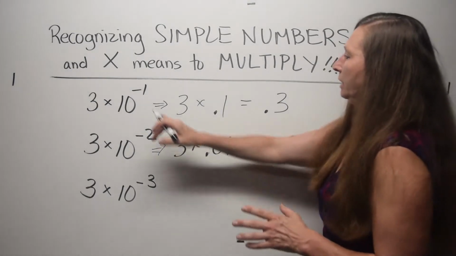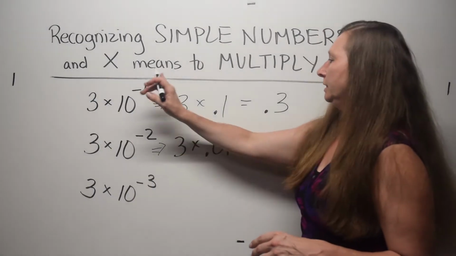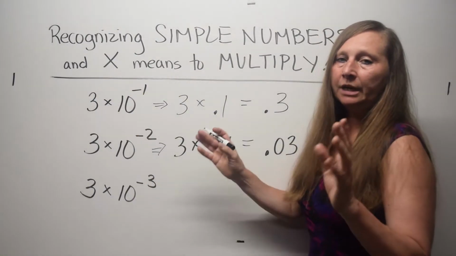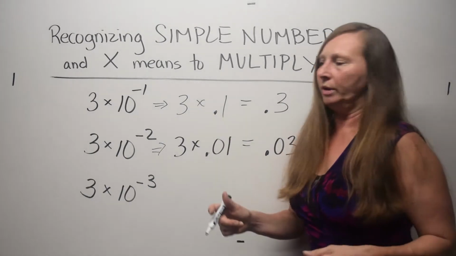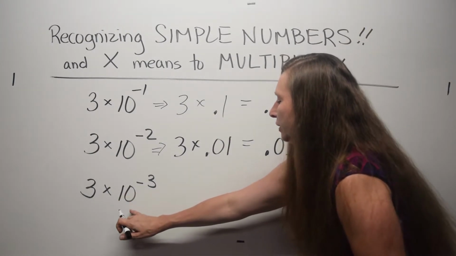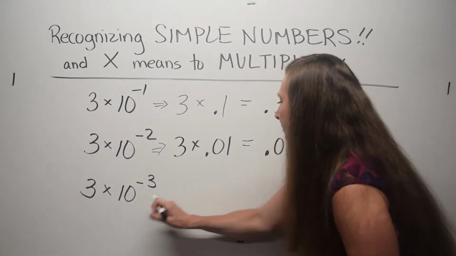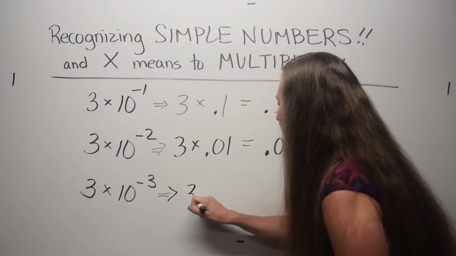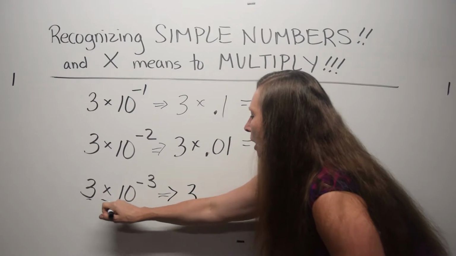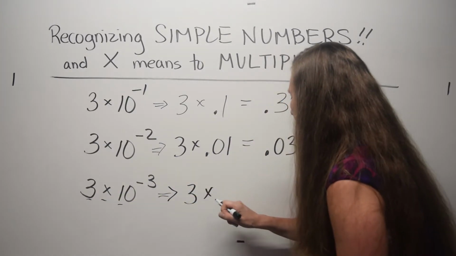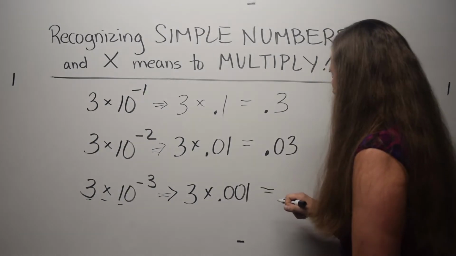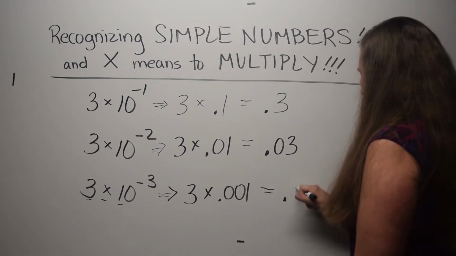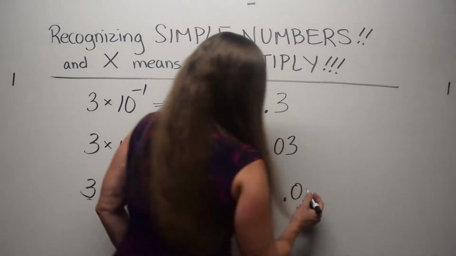All right, so we want these simple exponents, 10 to the negative 1, 10 to the negative 2, 10 to the negative 3, to be somewhat intuitive. You look at it and you're like, oh, I know what that is. This is 1,000th. All right, so that would be 3 times 1,000th. 0.001 is 1,000th, and that would be 0.003.